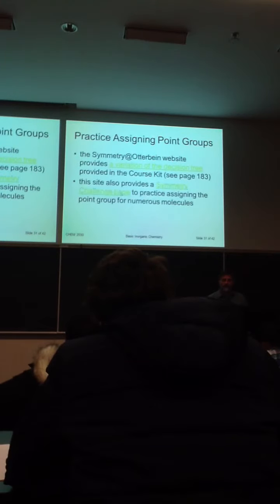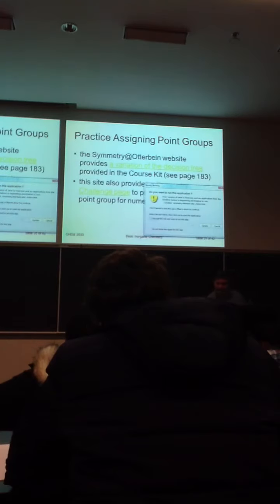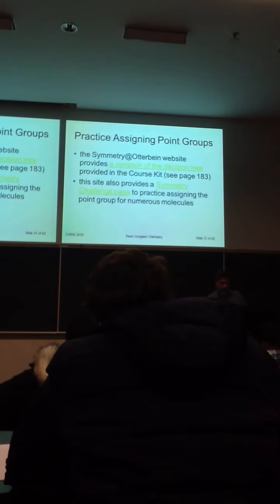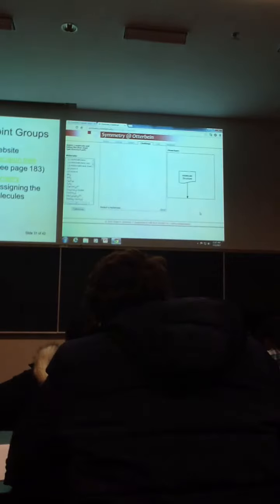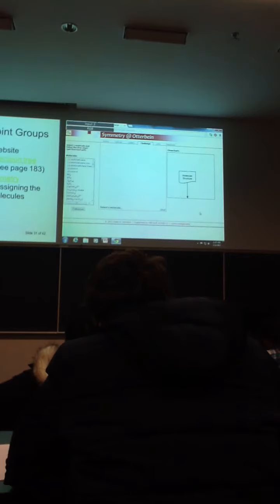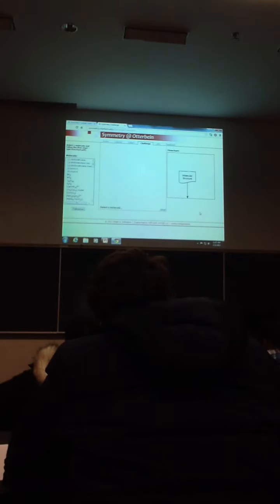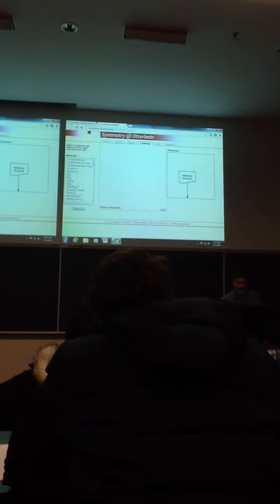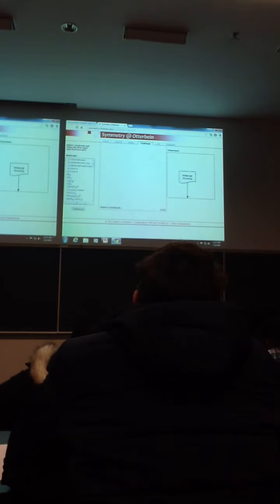So I'm just going to go to this page here. What's appearing here is that decision tree or flow chart. This is just focusing in on one part of it so that we can work through it.